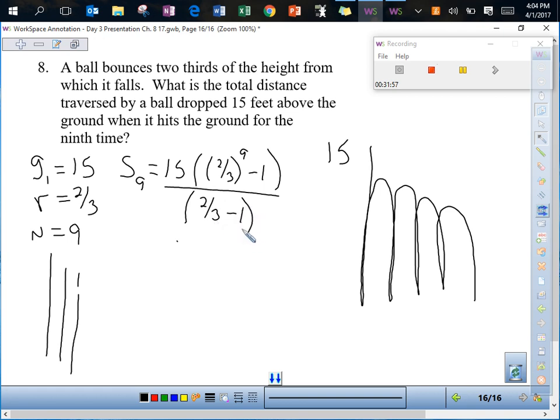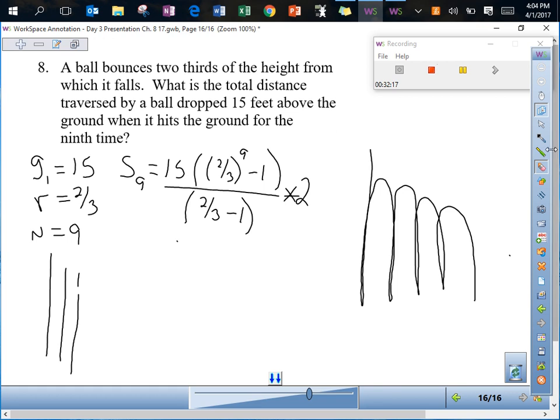Now, we're not done with this one. Think about this. Every time I dropped the ball, it hit the ground and came back up. And then it went down again. And then went back up and down. So I need to double that number. But there's one height that does not get duplicated.